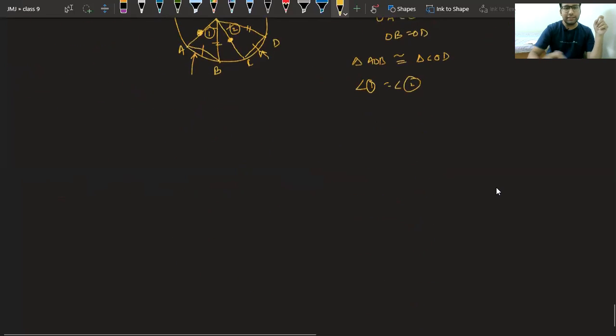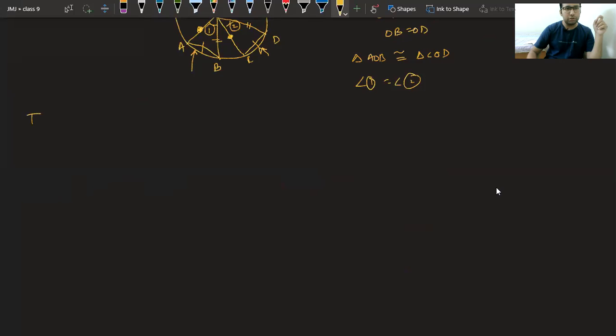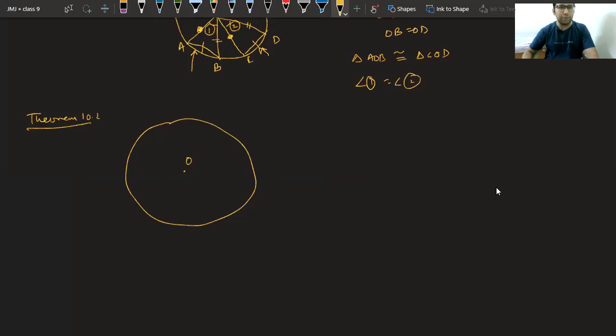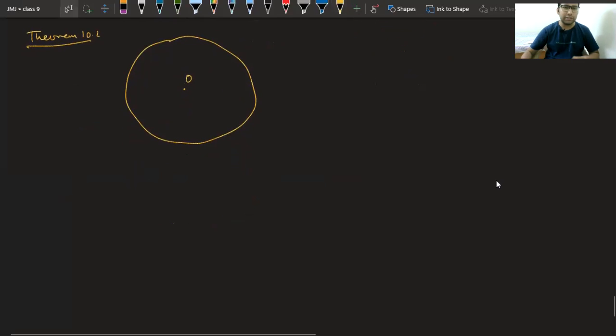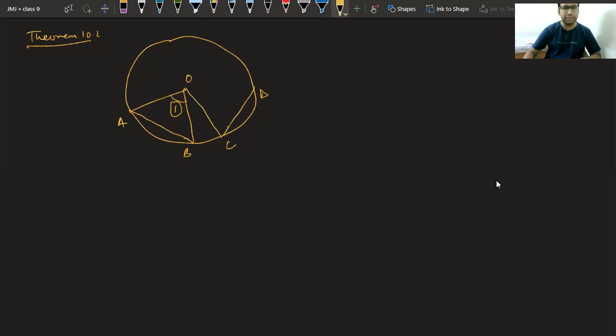Now, let's see that also. Theorem number 10.2. As per that theorem, in my yesterday's video I have added this part, but again I am repeating this. So as per this, if there are two chords, suppose AB and CD, such that they form equal angles at the center, we can say the chords are equal.